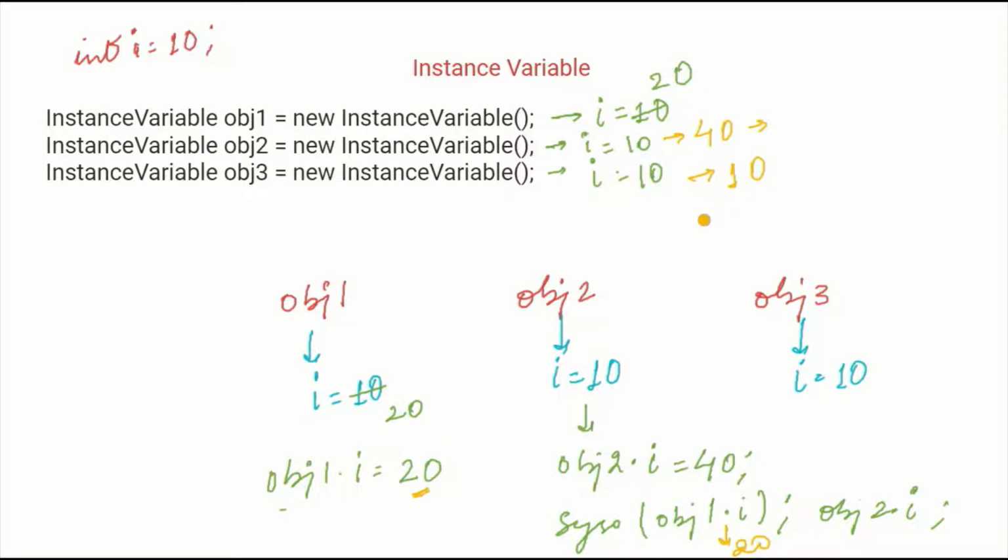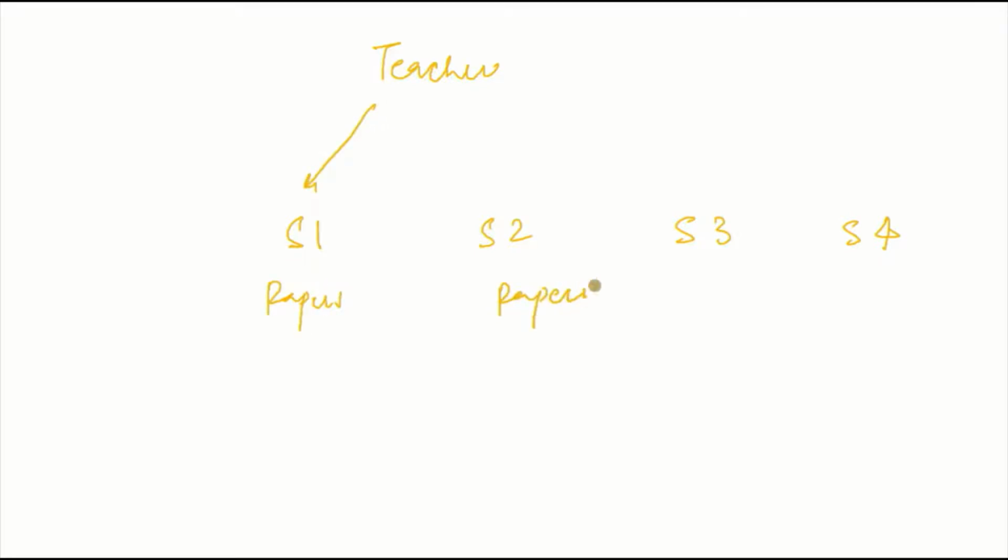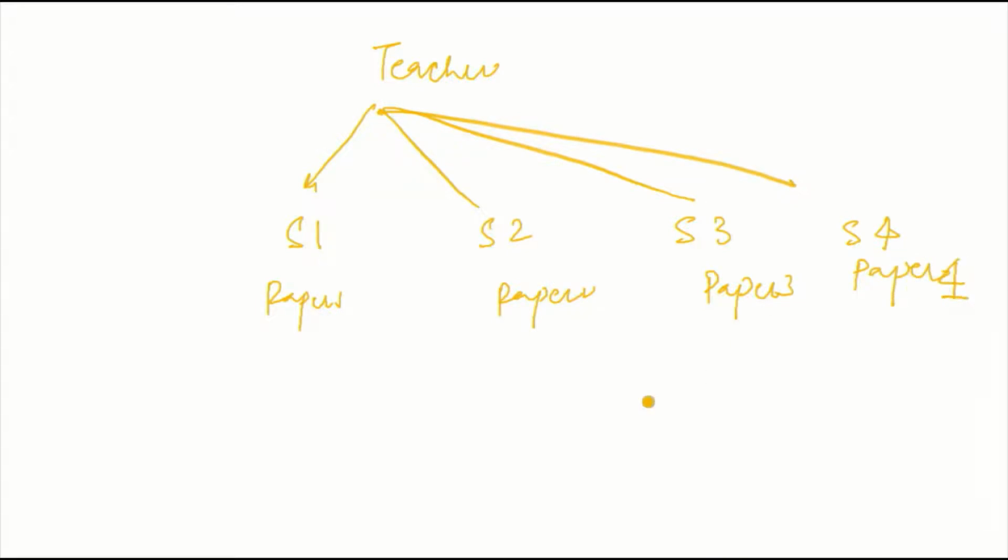So you can understand this concept with a real life example. Let's suppose there is one teacher, and there are a number of students. The teacher has distributed the paper to student 1, to student 2, because these are different copies, student 3, and student 4.